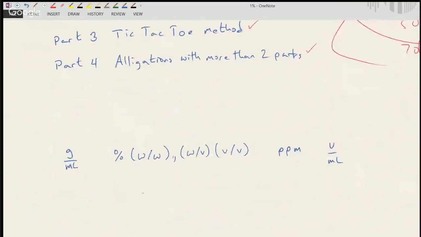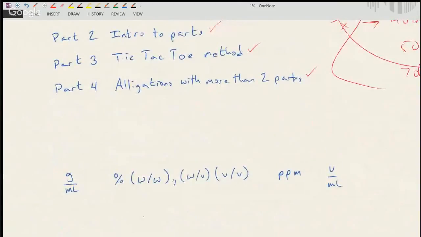A concentration is a way of describing an amount of a substance in a given volume, or a weight of a substance in a total amount of the total substance that it's in.